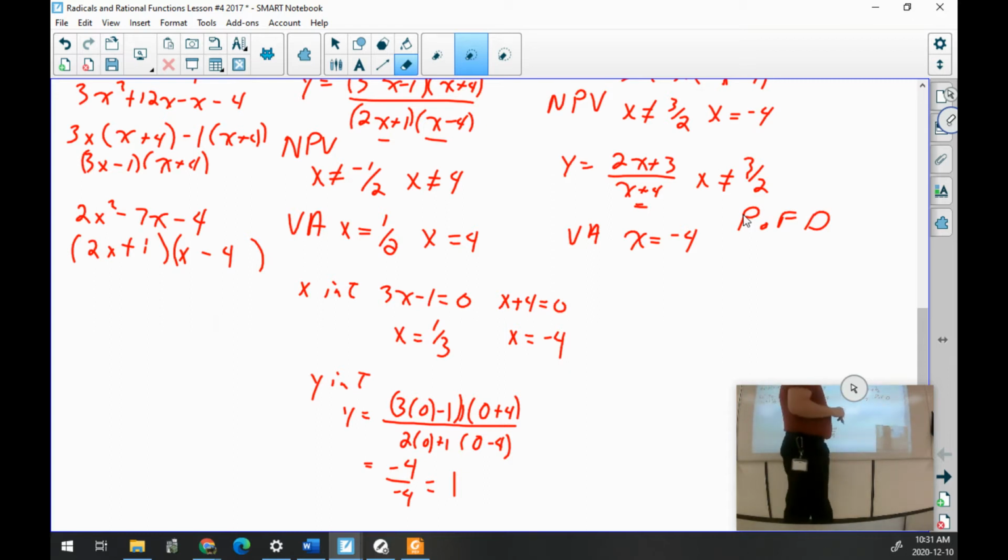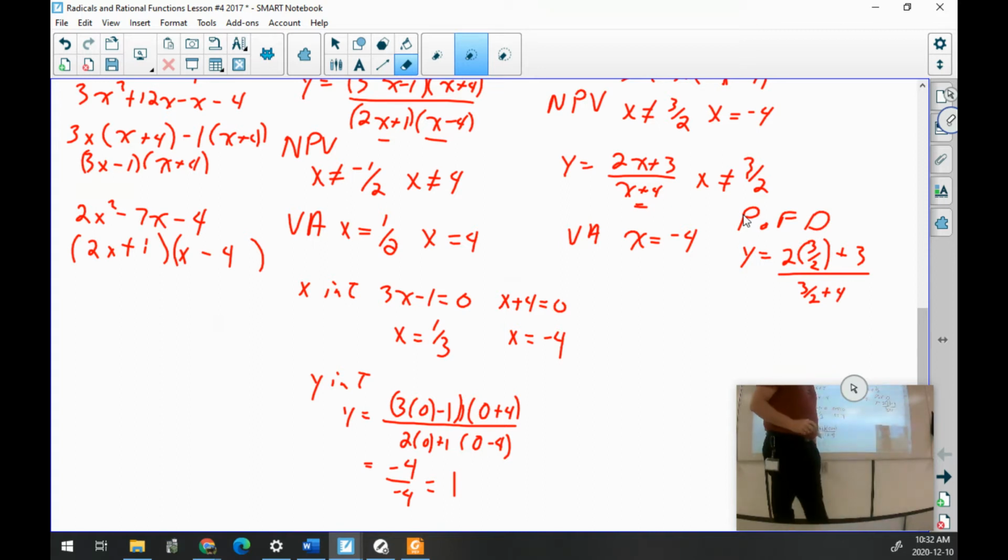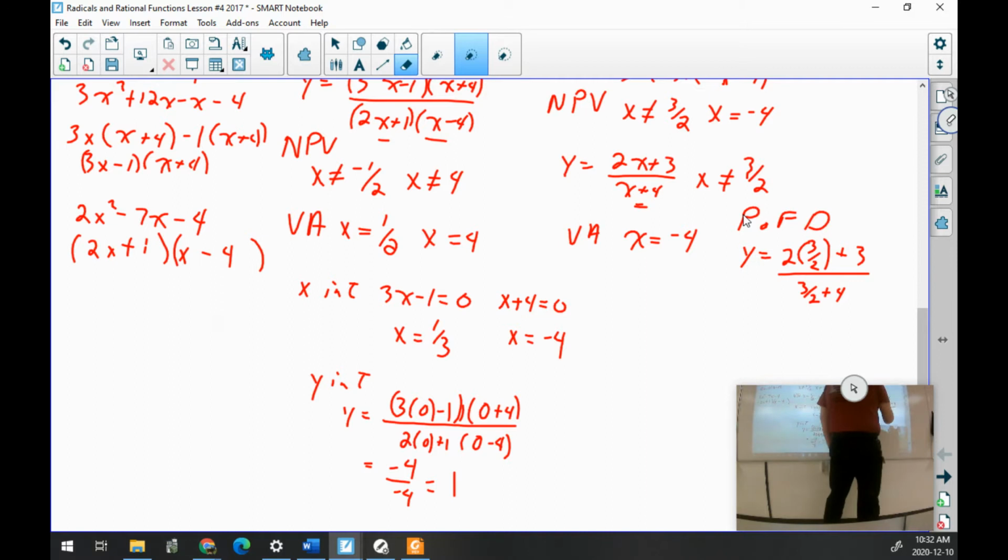So let's plug that into our reduced form. We have 3 plus 3 is 6 over 5.5.